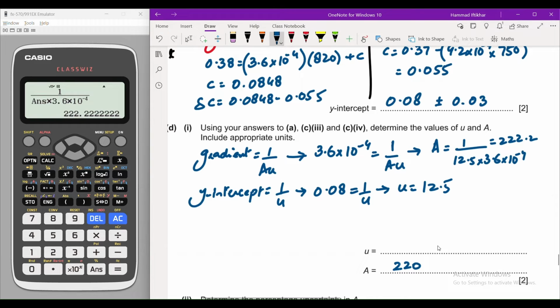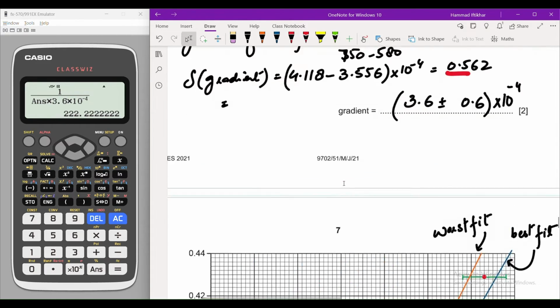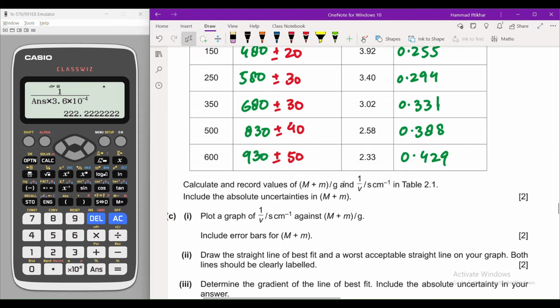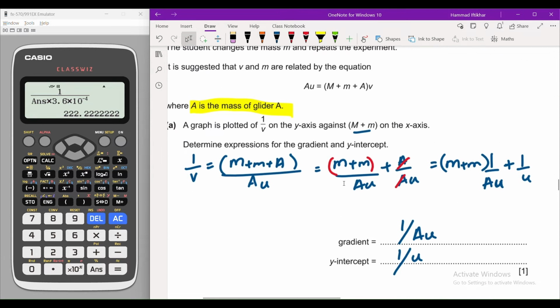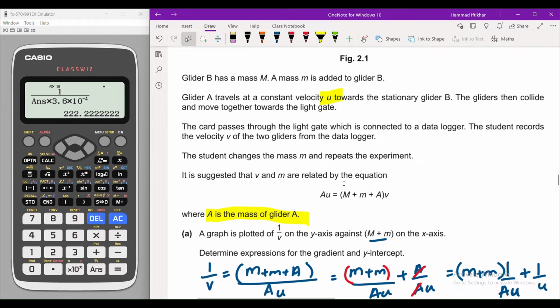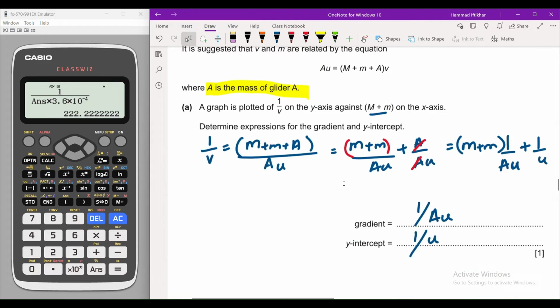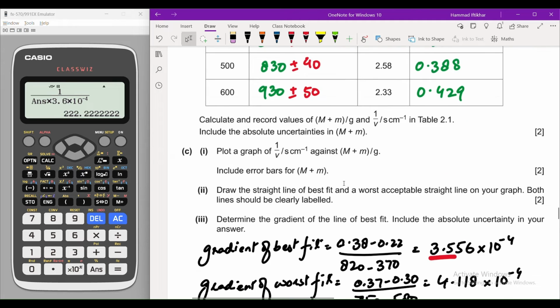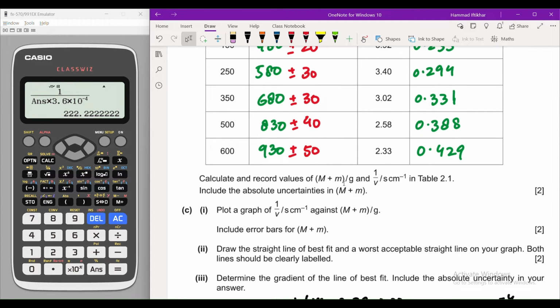A was the mass in grams. Yes, A was the mass, and since we were doing it in grams, that will also be in grams, because obviously grams can be added with grams.